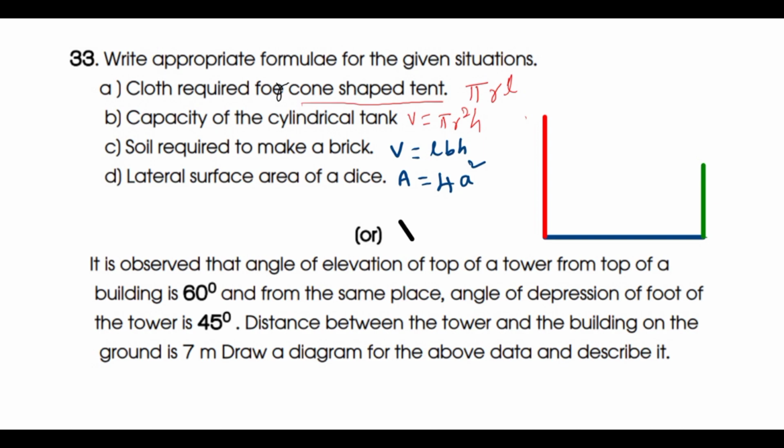So green color is the building, red color is the tower. You can name them, like this is A, B is the height of the tower, CD is the height of the building. The distance between the building and the tower is 7 meters, so here I'm writing 7 meters.